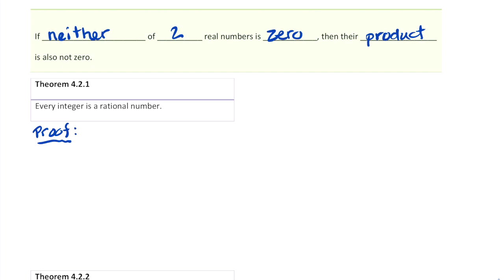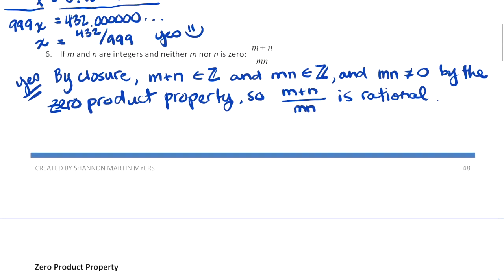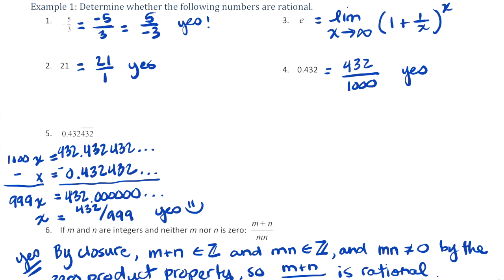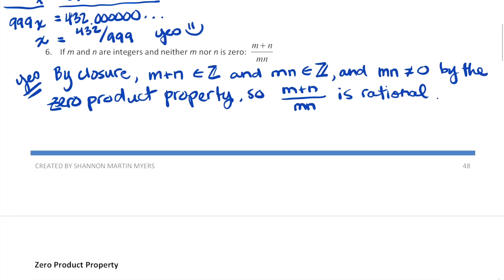Sometimes this is so easy, it's hard. We actually did sort of an example here. Wasn't 21 an integer for example 1 part 2? This one right here. And we said yes, because you can always do 21 over 1, and that is of the form integer over integer.